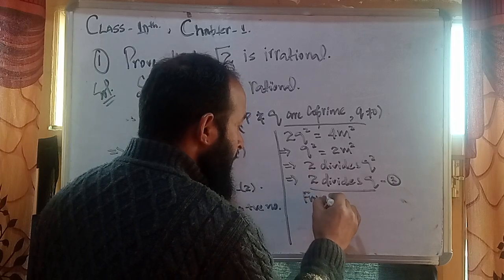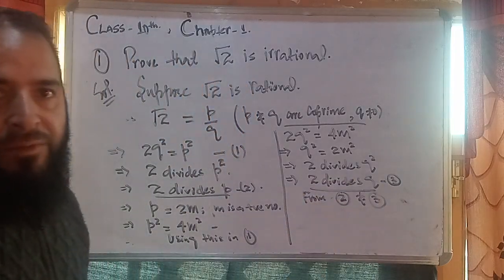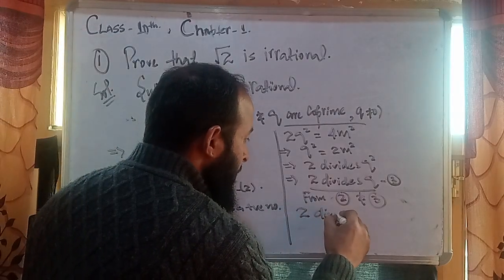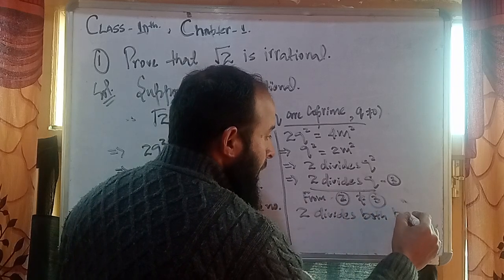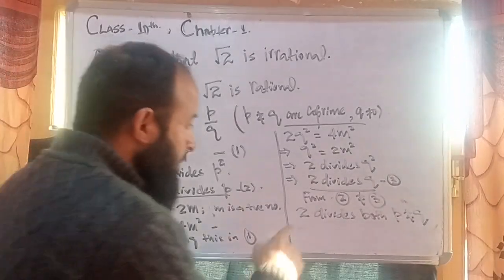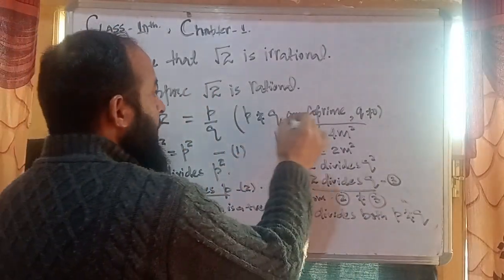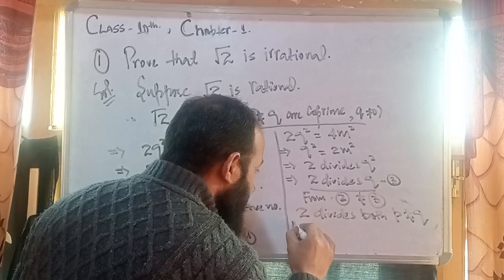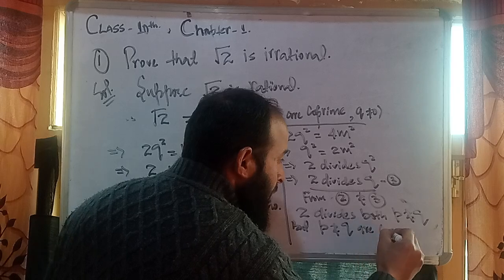From the second and third equations, we get 2 divides both p and q. But p and q are co-prime.